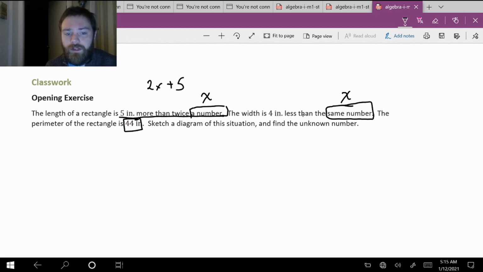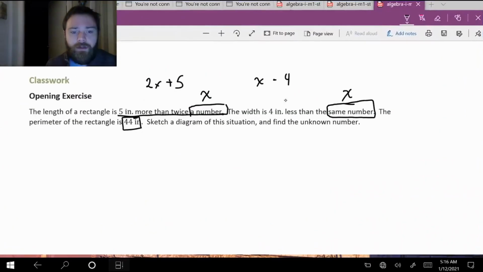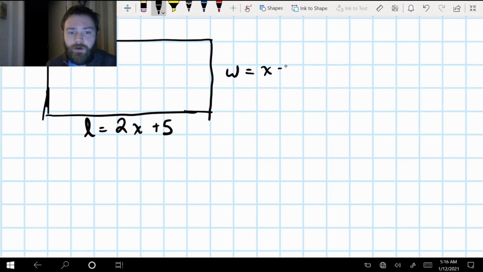And then the width is going to be pretty much the same. You're going to use the term over here, this variable first. When you think about something being less than, that's subtraction, right? If I'm 5'10", and you're 5'6", then I'm going to say you're 4 inches less than my height. Your height is 4 inches less than my height. So in this case, it's going to be x minus 4. So if I go over here, I can write in that width, and it's x minus 4.